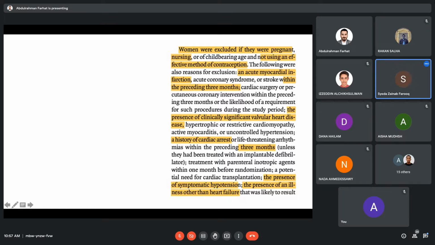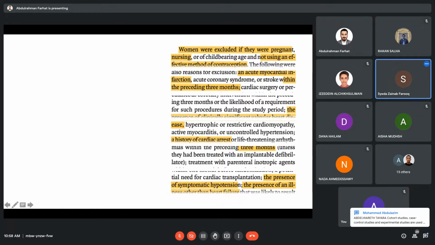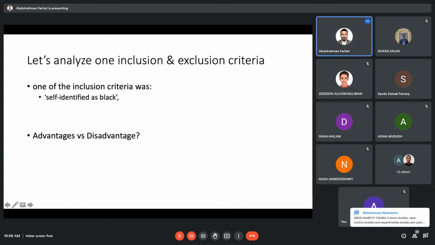Also an acute myocardial infarction, acute coronary syndrome, or stroke within the preceding 3 months, clinically significant valvular heart disease, history of cardiac arrest or life-threatening arrhythmias within the preceding 3 months, symptomatic hypotension, and the presence of an illness other than heart failure. Okay, good, well done. These were the inclusion and exclusion criteria in that study.